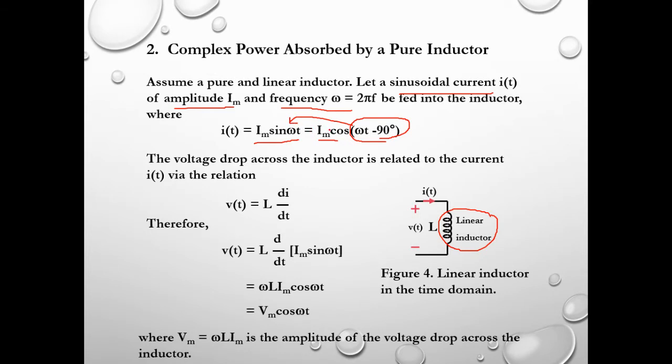The voltage drop across the inductor is related to the current i(t) via the relation v(t) equals L di over dt.